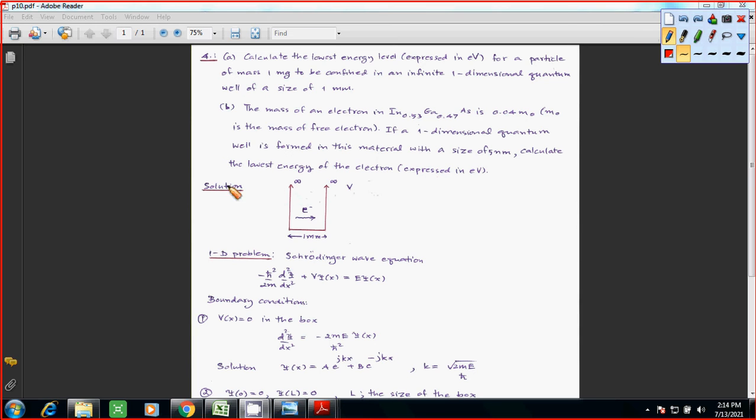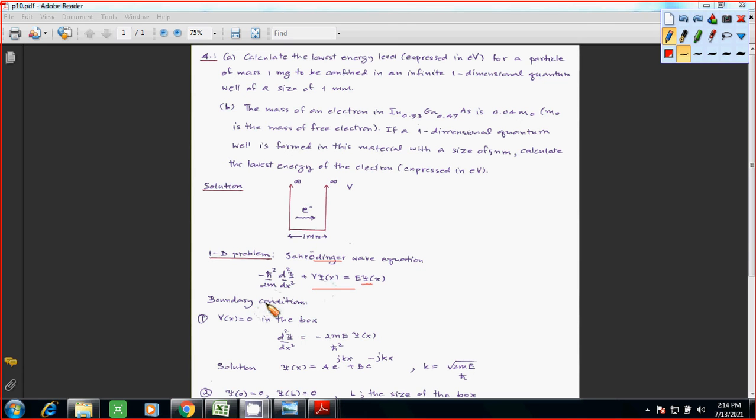So by looking at the potential well or quantum well with the size of 1 millimeter, you have an infinite potential as the potential wall. From the Schrödinger wave equation in one dimension you have this expression, and this actually comes from E equal to the kinetic energy plus the potential energy.